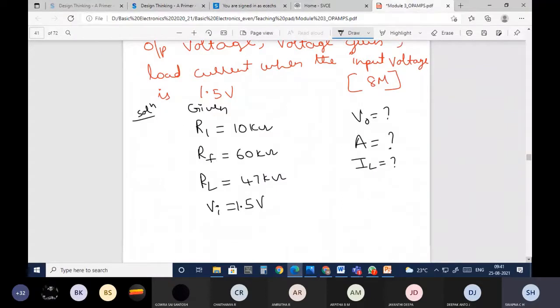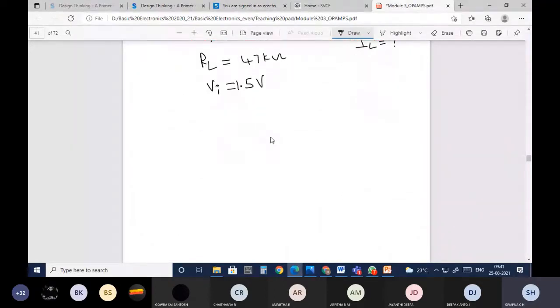First let us draw the circuit. First we'll draw the non-inverting amplifier circuit. Minus, plus, inverting terminal, non-inverting terminal. As you know, the input will be provided to the non-inverting terminal.